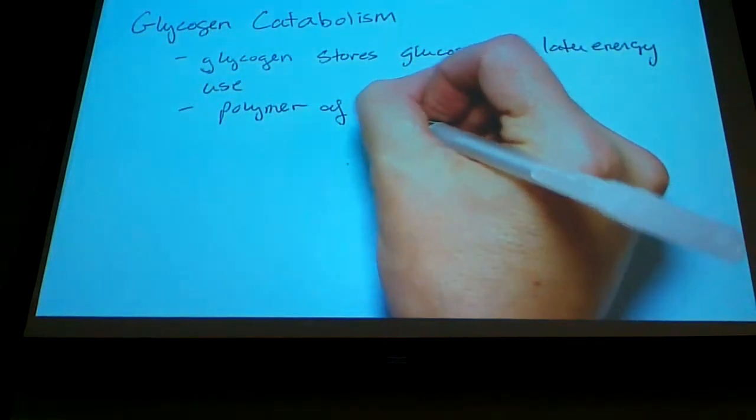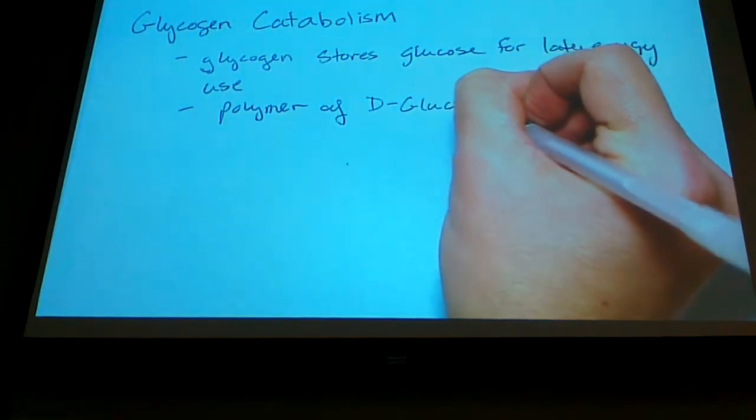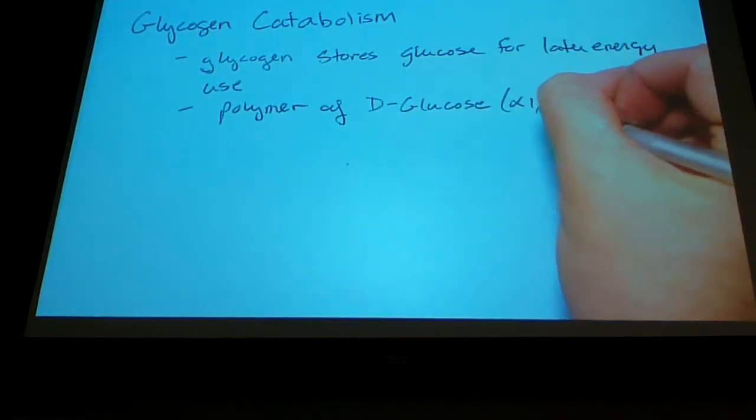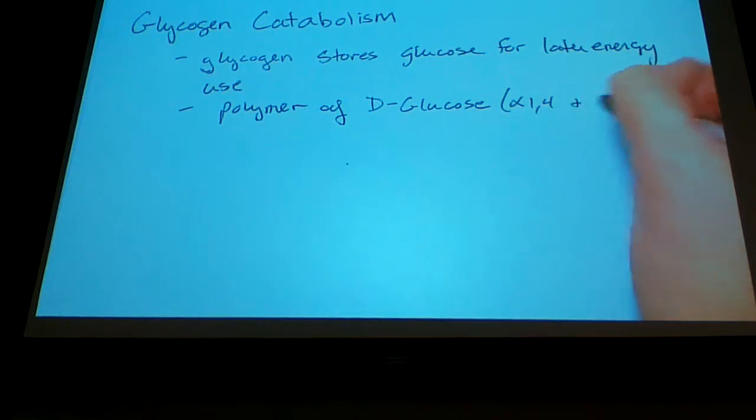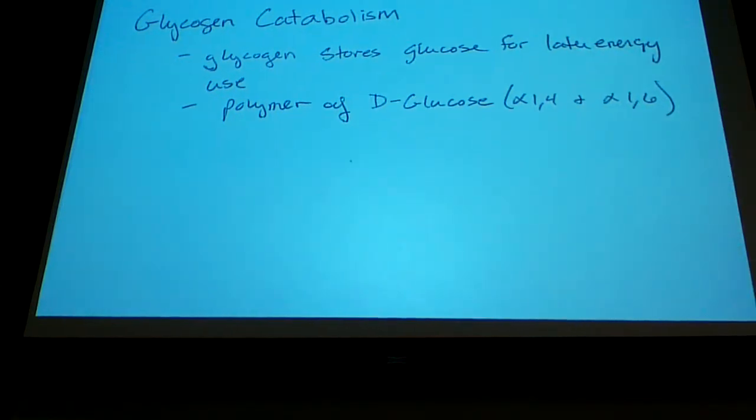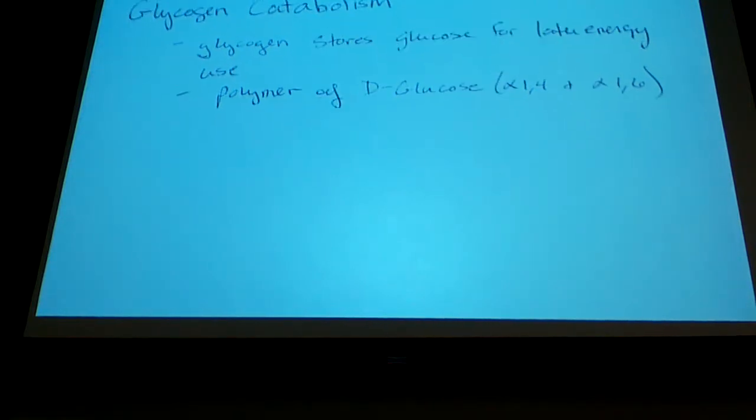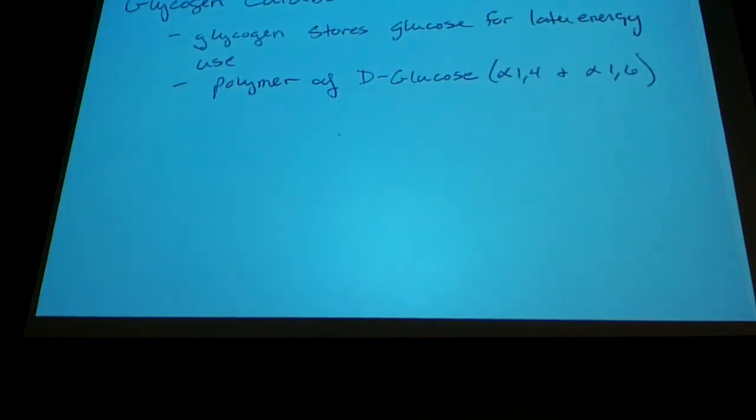Yep, D-glucose. And what kinds of linkages? Alpha 1,4 and alpha 1,6, so it's branched. Every time there's an alpha 1,6, there's a branching point on the main chain.